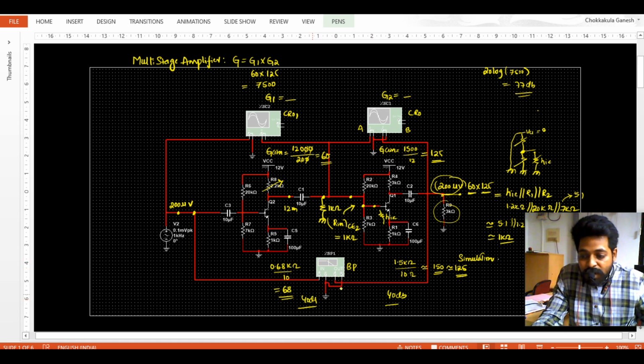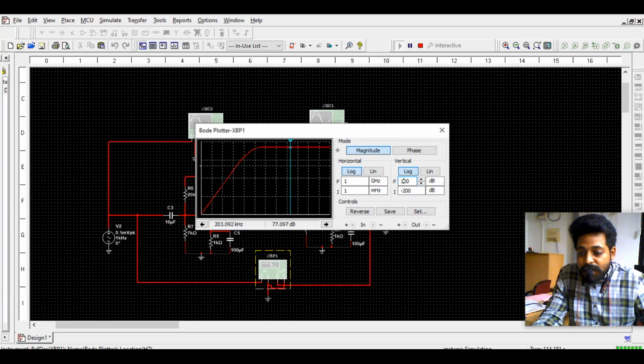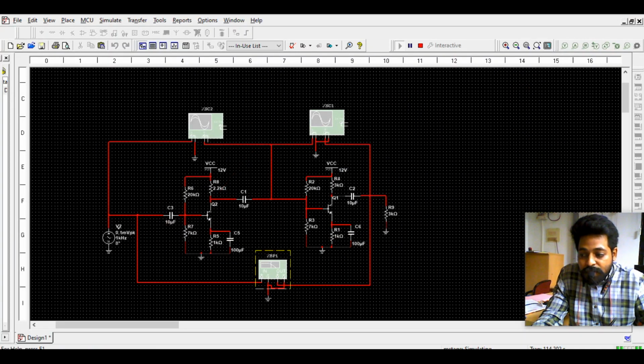So 40 plus 40 is 80, so the signal needs to be amplified with a strength of around 80 dB. We got around 77 dB, because of loading of one stage on the other stage. This is the basic simulation where we observed that for the given input we got an amplified signal.